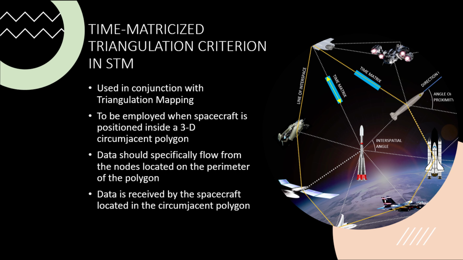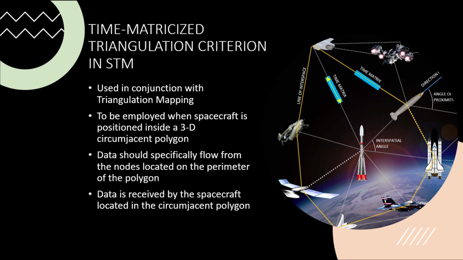Now it is the time-matricized triangulation criteria in space traffic management. So the time matrix is used in conjunction with triangulation mapping, and it is to be employed when the aircraft is positioned inside a 3D circumjacent polygon, as it can be seen in the right side image.